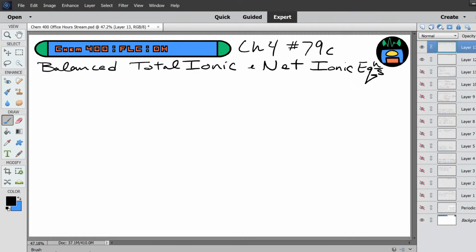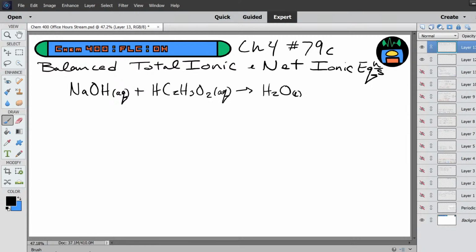All right, and for 79, part C, they give us, and I don't know if this is balanced or not, so we'll find out in a minute, aqueous sodium hydroxide plus aqueous acetic acid, which we're going to learn to name soon, producing liquid water and sodium acetate, which is aqueous.